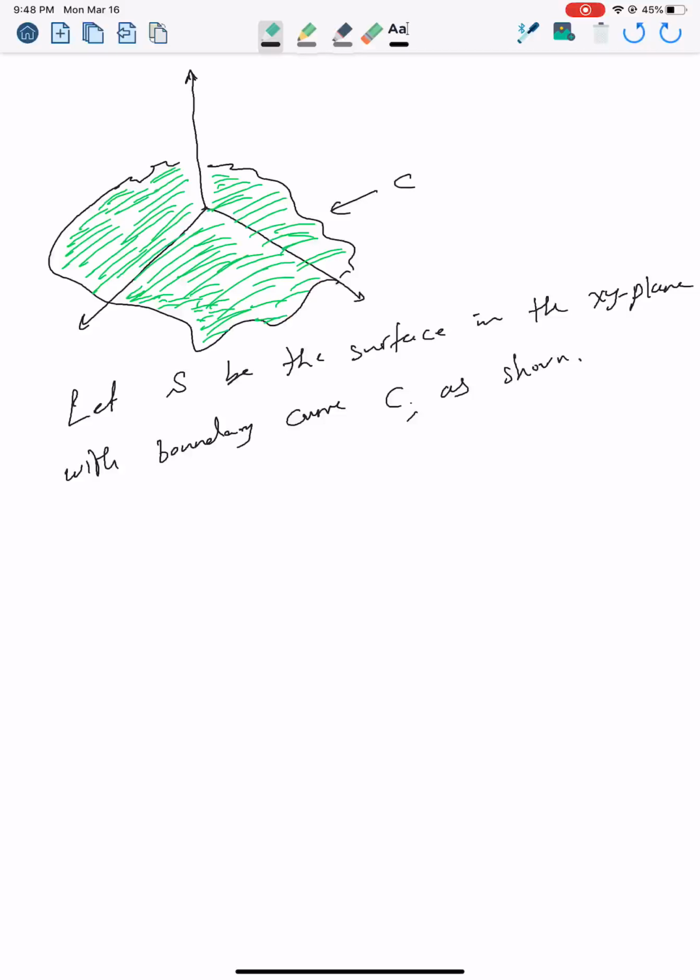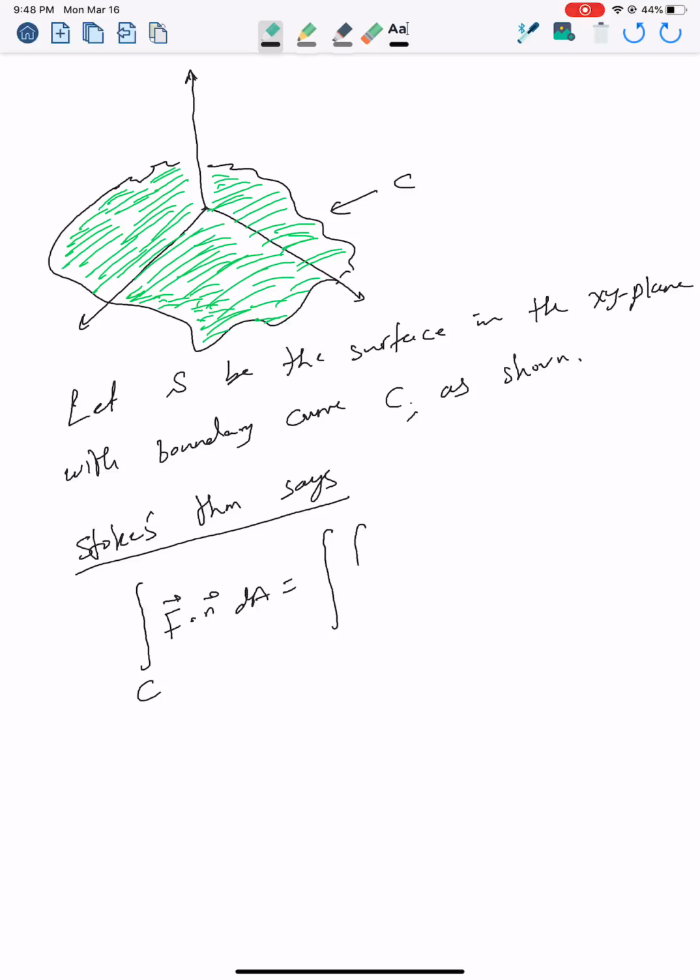Now I have two things. Stokes theorem says that the curve integral of F dot dr is equal to the surface integral of what? Of the curl, right?